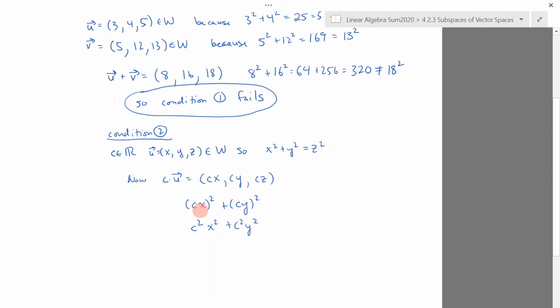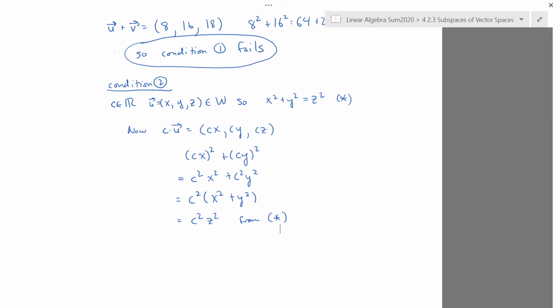We start with the left side: c squared x squared plus c squared y squared, and then I can factor out the c squared times x squared plus y squared. Now x squared plus y squared is equal to z squared from here. So this is just c squared times z squared. So condition 2 is satisfied.